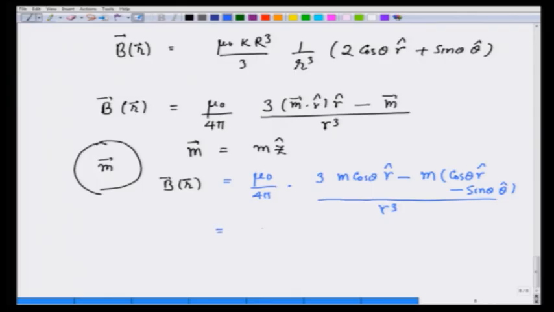So, this gives me mu naught over 4 pi and I have 2 m cosine theta in r direction plus m sin theta in theta direction divided by r cubed.